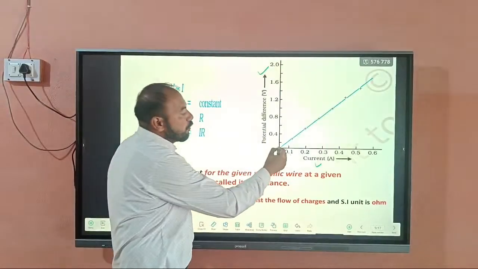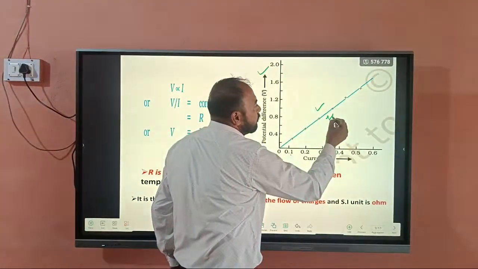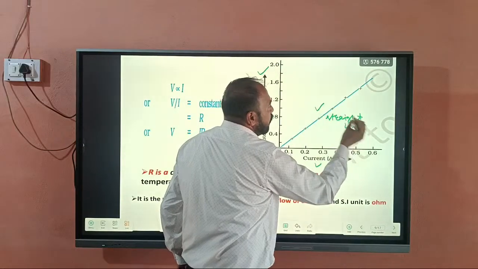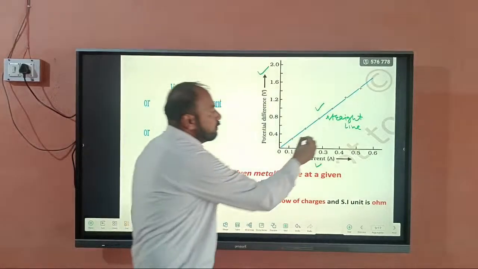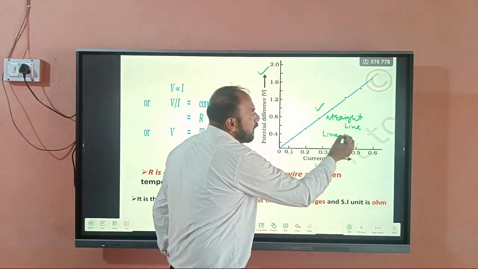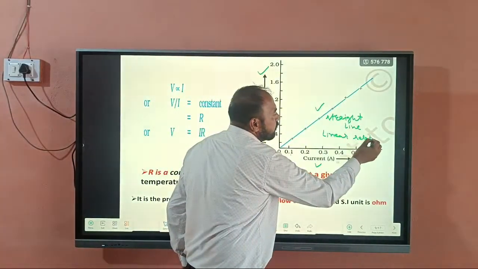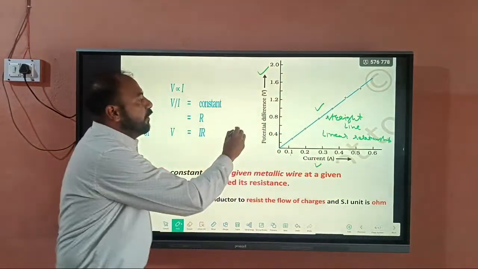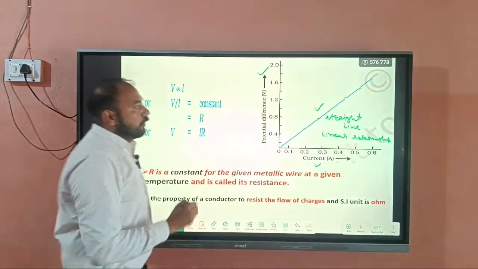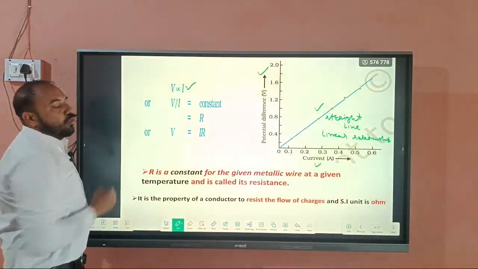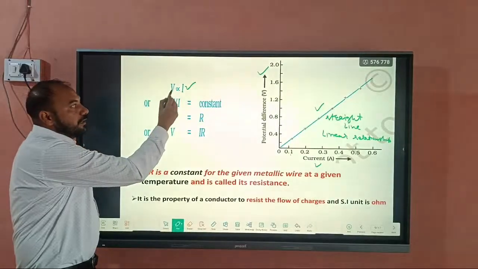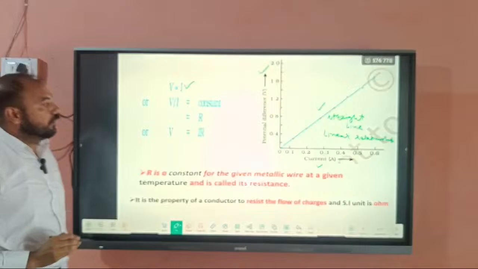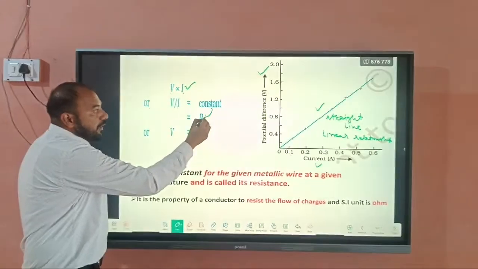This relationship is shown by a straight line, which shows a linear relationship between voltage and current. According to the definition, voltage is directly proportional to I, or V by I is equal to a constant. We can write the constant as R.